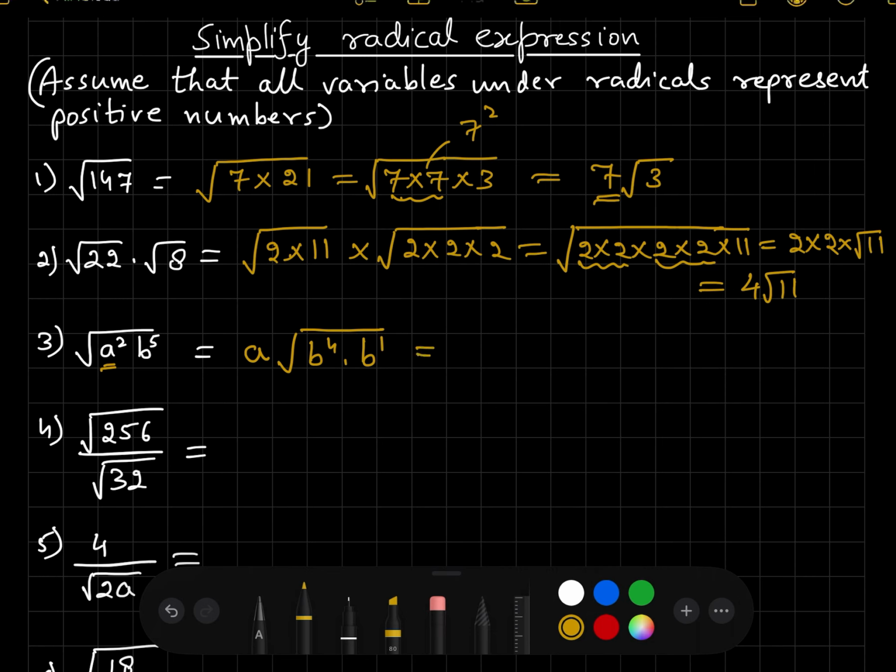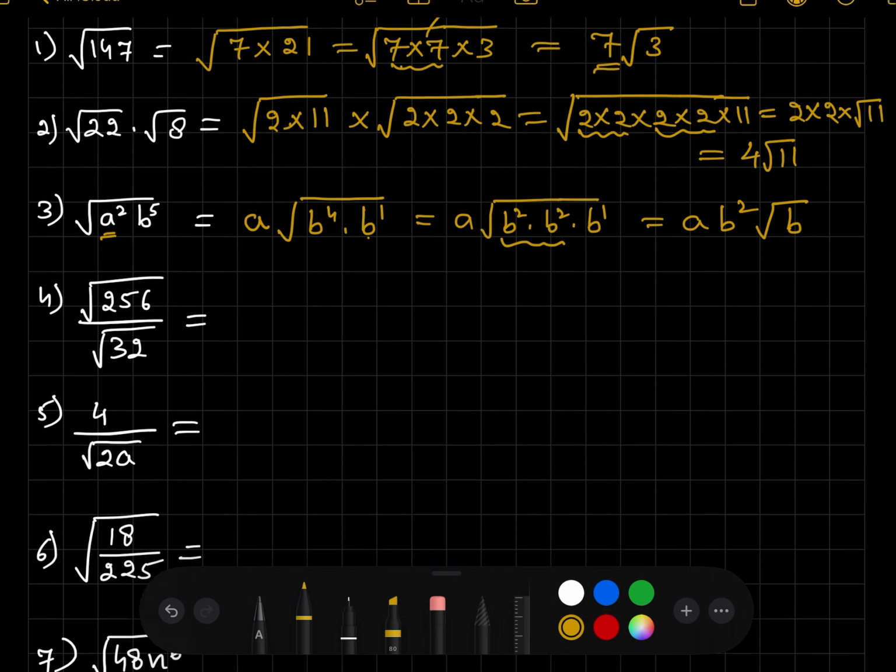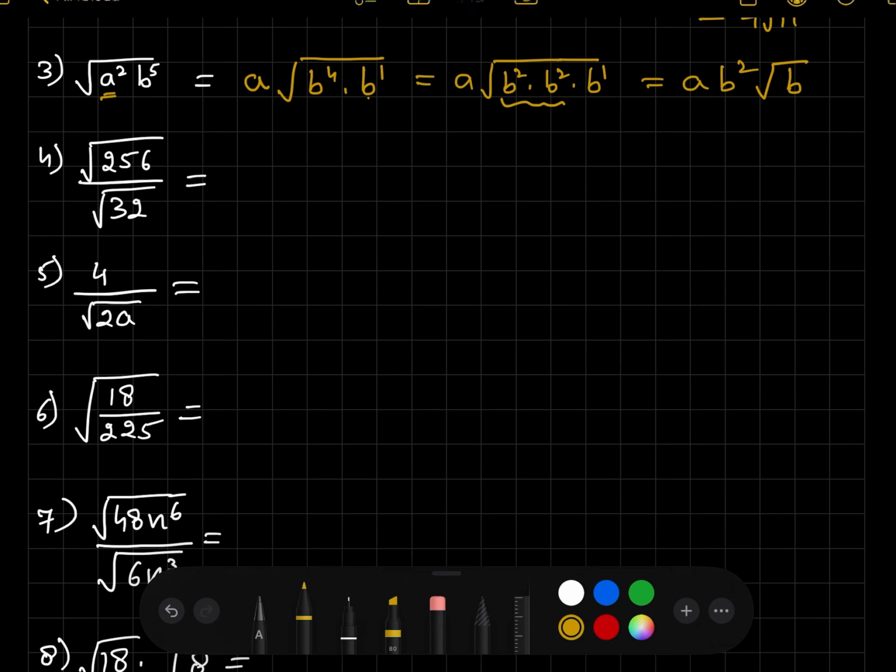Then b raised to 4 can be written as b squared times b squared times b, and this b stays as it is. Now we have a pair of b squared, so I can take b squared out and inside the radical sign remains b. Got it?